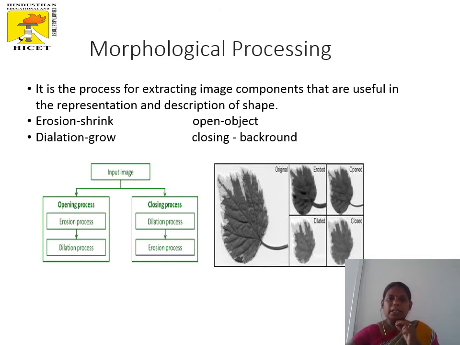Erosion means shrinking and dilation means growing, and opening means the object, closing means the background. Dilation adds a layer of pixels to both the inner and outer boundaries of the region, and it makes it more visible and fills in small holes in the output. The structuring element is used for probing and reducing the shape. And by using erosion, we can eliminate the holes and gaps between the different regions, which become larger, and small details.